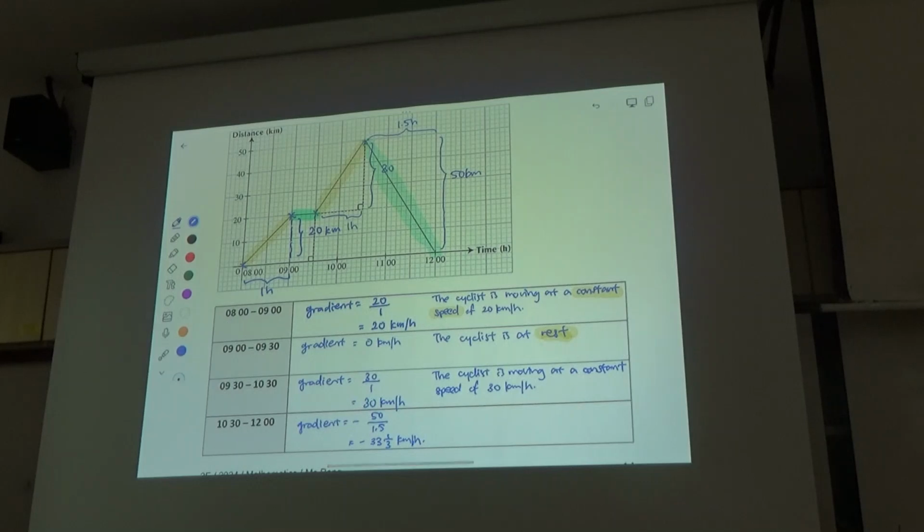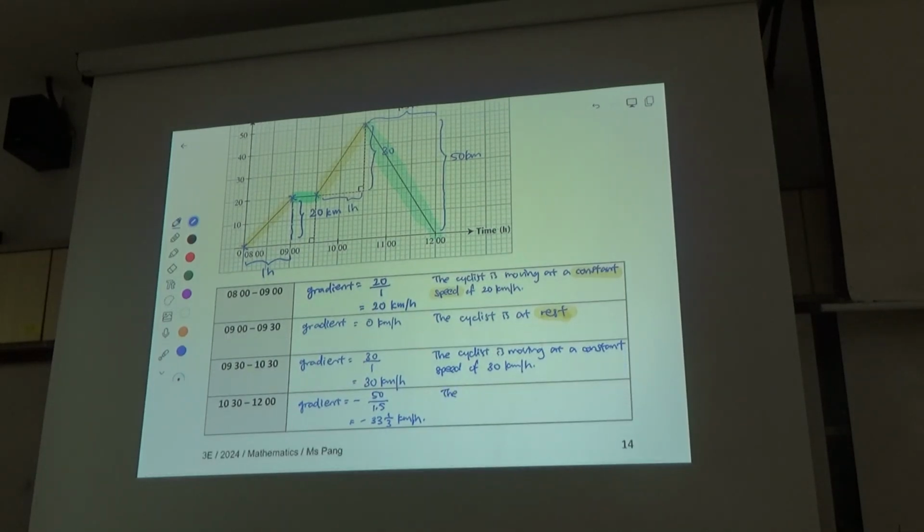You might be wondering how come speed is negative in this case. That's because, strictly speaking, it can be considered as velocity, but we're not going to dive into the difference there. We just take it that speed is going to be positive.